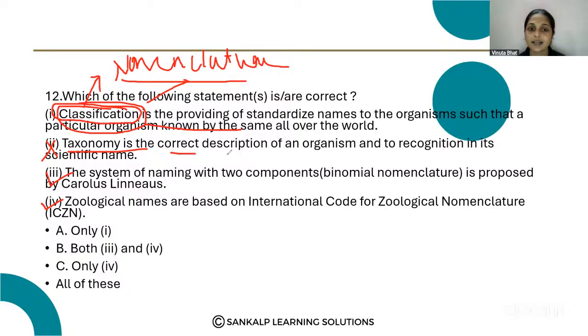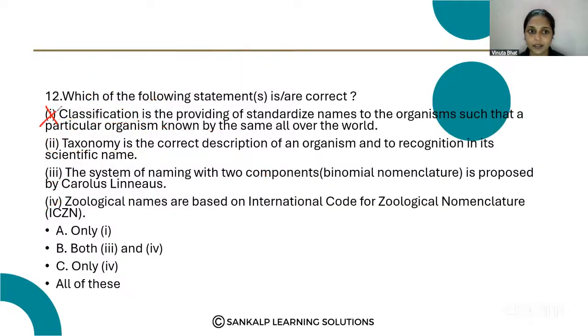Taxonomy, it is the correct description of an organism. So taxonomy does not involve the correct description. It is identification, and so mainly taxonomy involves the identification of the animals, organisms, right? So option 2 is also a wrong one.